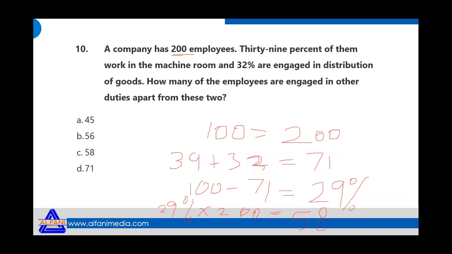So that will be 58 employees. This number here, 58, is the answer.